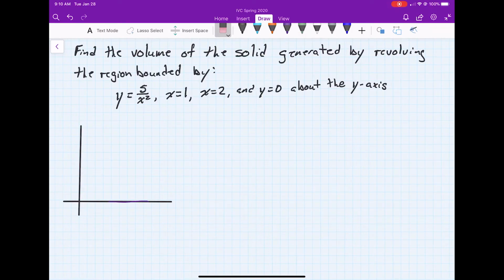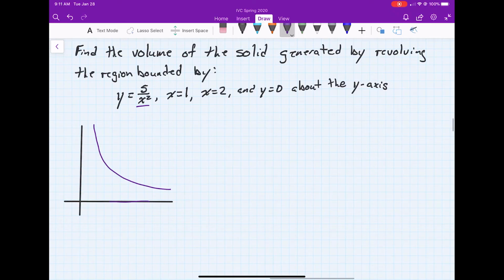Okay, so now we move on to 6.3 cylindrical shells. We find the volume of the solid generated by revolving the region bounded by 5 over x squared, which looks like this, and x equals 1, which we'll put right here.